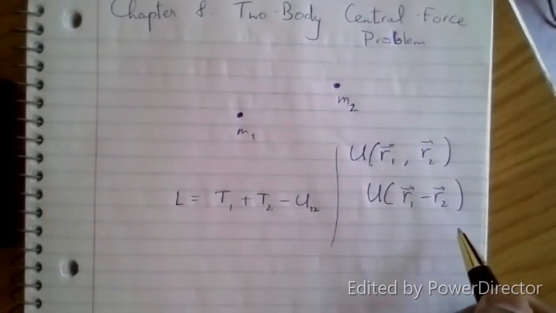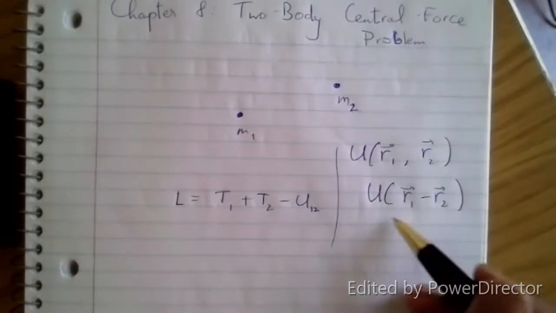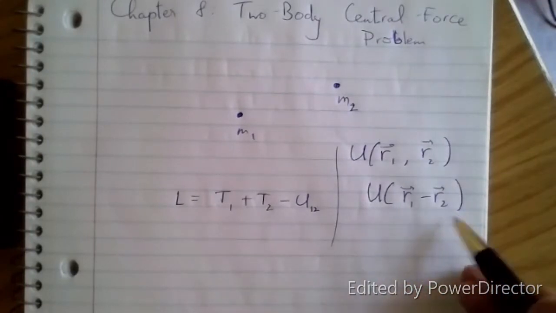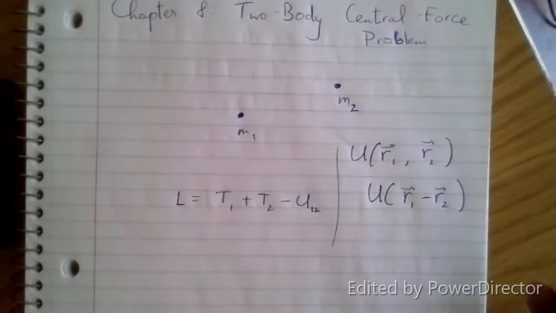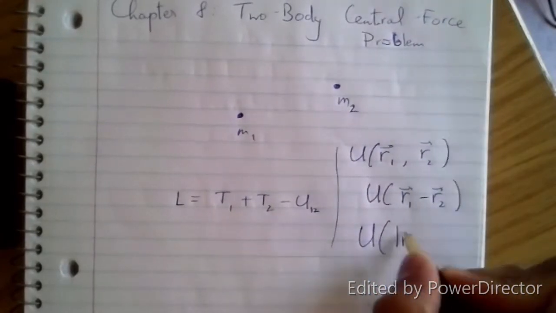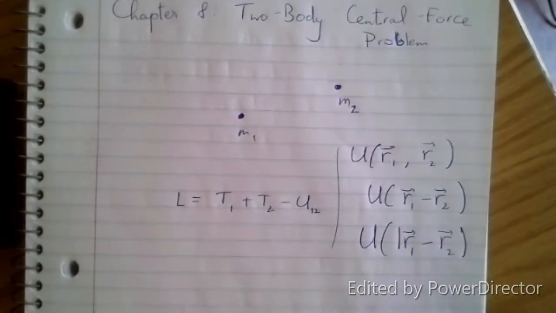Furthermore, if we say that the force is conservative, which it is since it has a potential energy, so we have a conservative force that depends only on the separation, it turns out to be spherically symmetric as well. So in fact, this only depends on the magnitude of R1 minus R2.